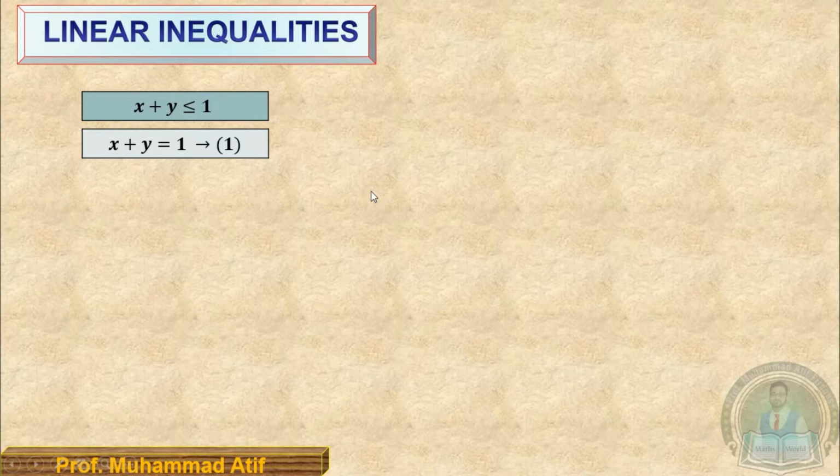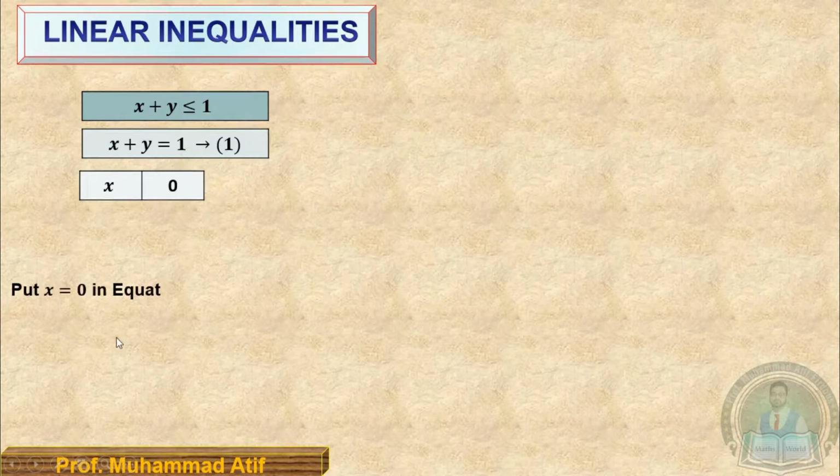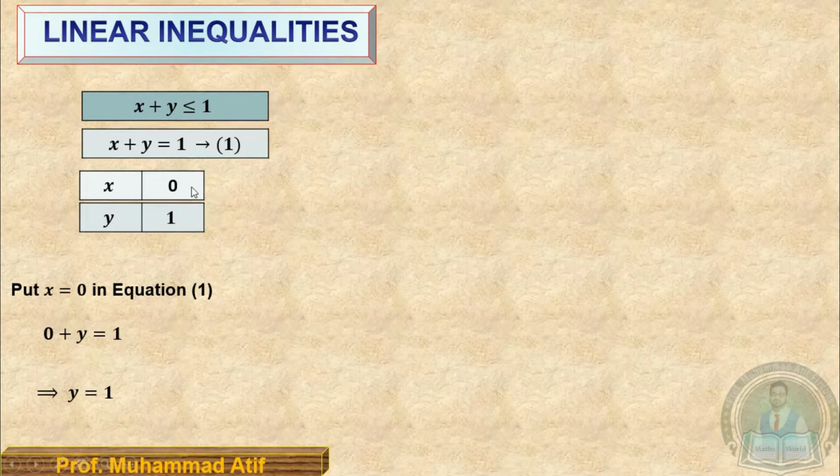Okay, then make a table for a graph. Just put x equal to 0 in this equation 1. We have y equal to 1. So complete this table. When we put x equal to 0, we have y equal to 1.